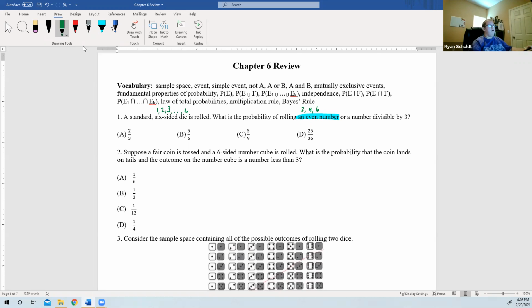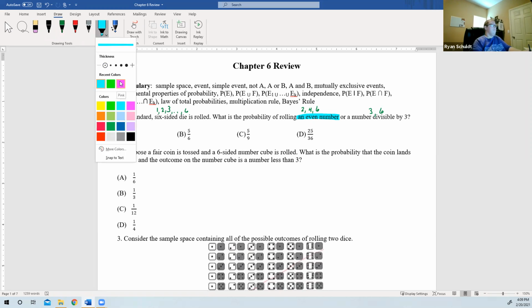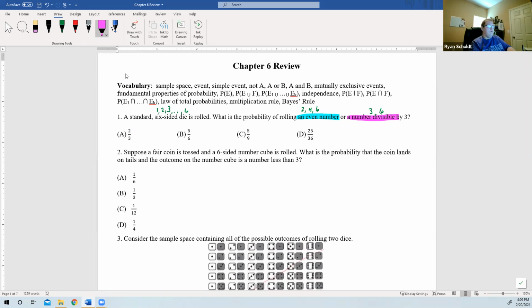Or a number divisible by 3. Well, let's see, what's divisible by 3? We've got a 3 or a 6. Those are our two options for this second event. So we've got two events here. Now let's put them together. I want to get one or the other.